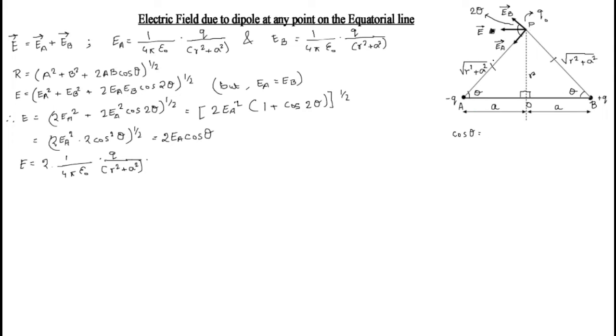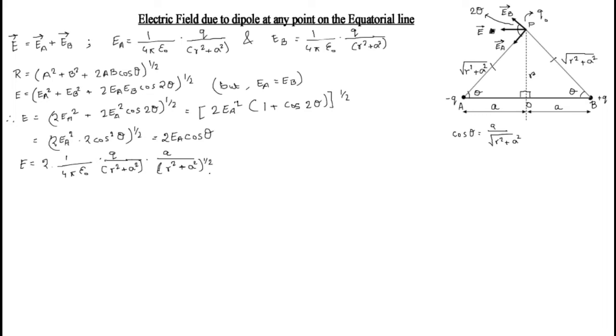So for this triangle APO, if this is theta, then base means a, and hypotenuse means under root r square plus a square. See if you have got this. So base is a, hypotenuse is under root r square plus a square, right. So we will put this value in for cos theta, so it becomes a by r square plus a square to the power half.